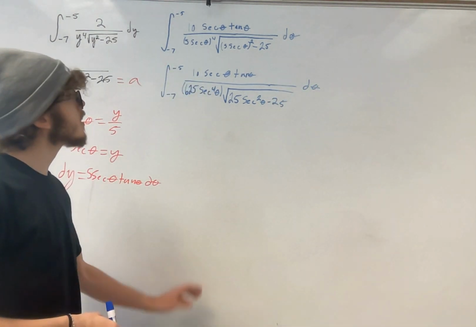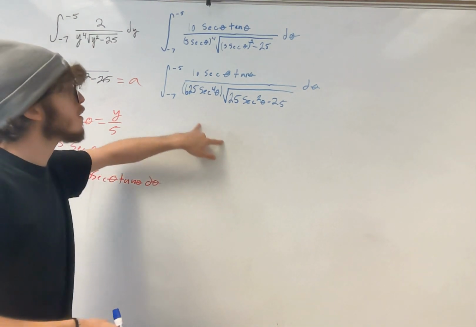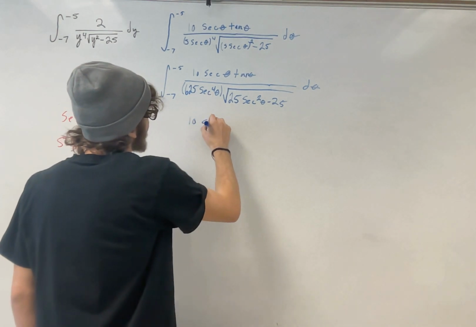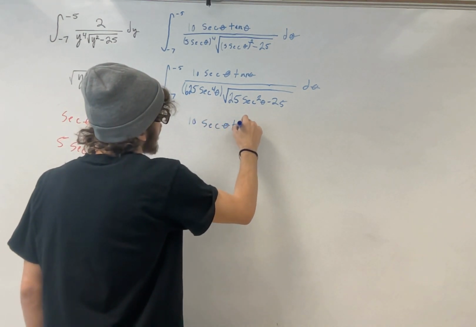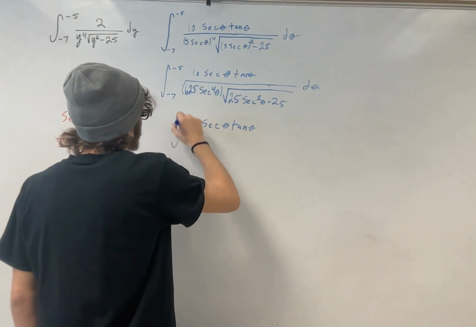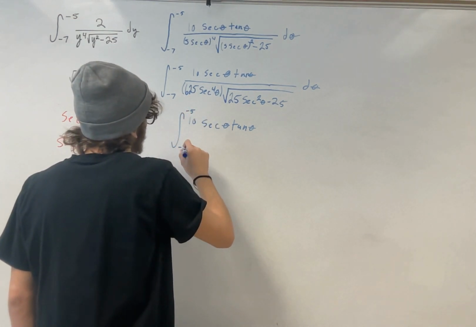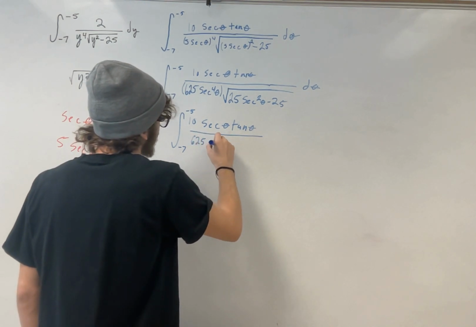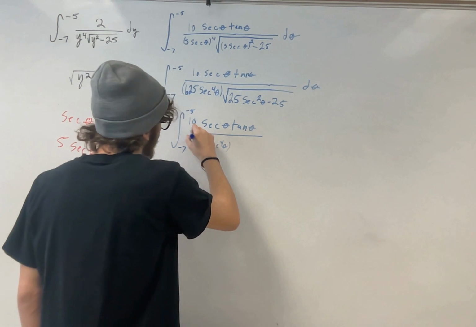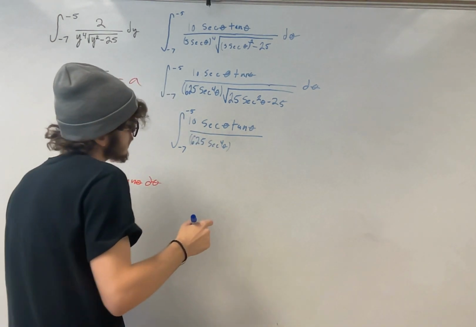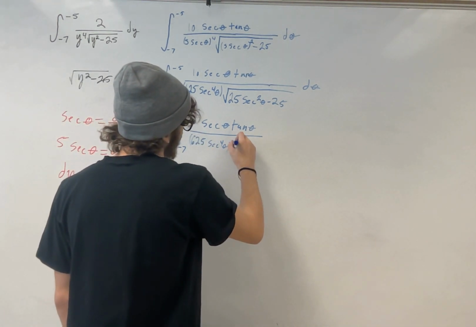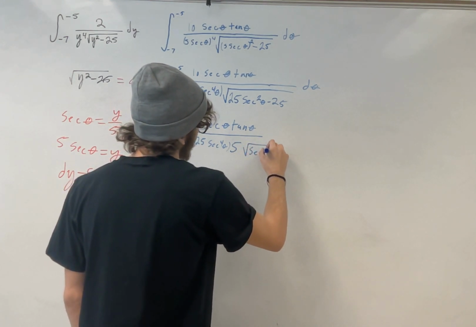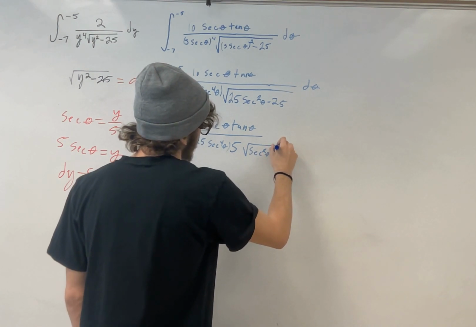I'm going to do something here that might seem a little weird. I'm going to pull out the 25 by multiplying by 5, because that would be an equivalent thing. So I'm going to pull out a 5 here, and we're going to be left with the square root of secant squared of theta minus 1.